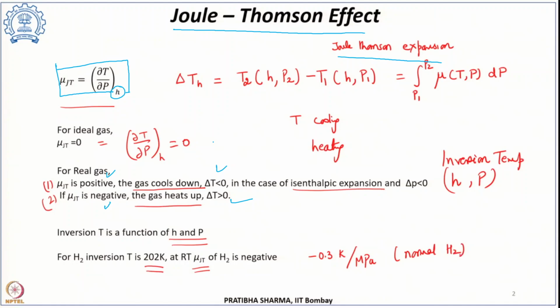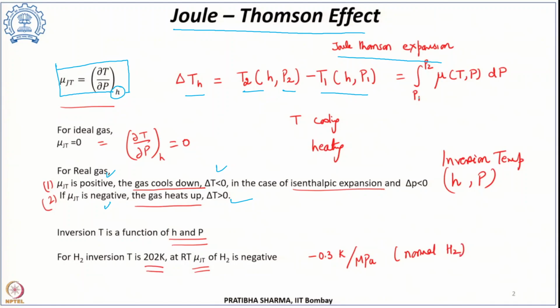How is the temperature change calculated? Delta T equals T, a function of enthalpy and pressure, minus T1, also a function of temperature and pressure. Pressure is changing, but enthalpy is the same, at constant enthalpy.